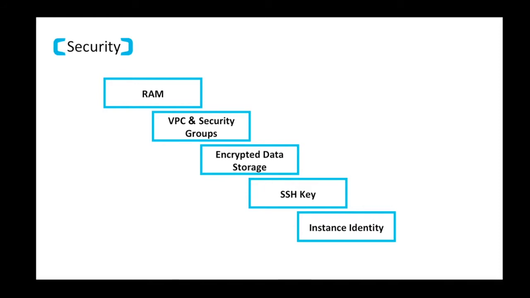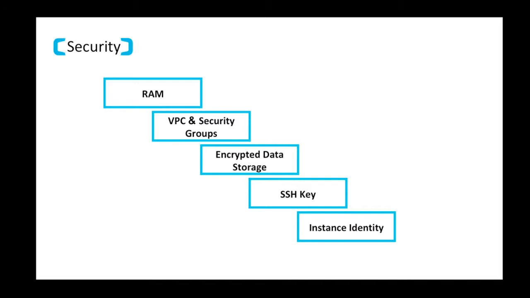First one, Resource Access Management, RAM, is a resource access control service that enables you to centrally manage your users, such as your staff, systems, and applications. And you can control users' access to your resources. RAM allows you to create multiple RAM users under your account and allocate them resource operation permissions.